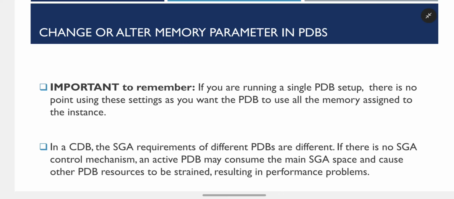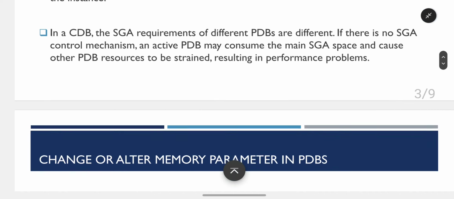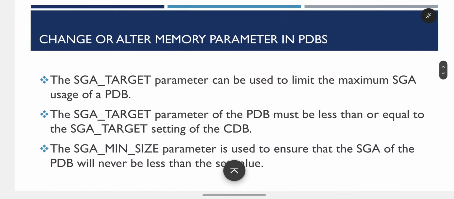In a CDB, the SGA requirements of different PDBs are different. If there is no SGA control mechanism, an active PDB may consume the main SGA space and cause other PDB resources to be strained, resulting in performance problems. The SGA_target parameter can be used to limit the maximum SGA usage of a PDB.